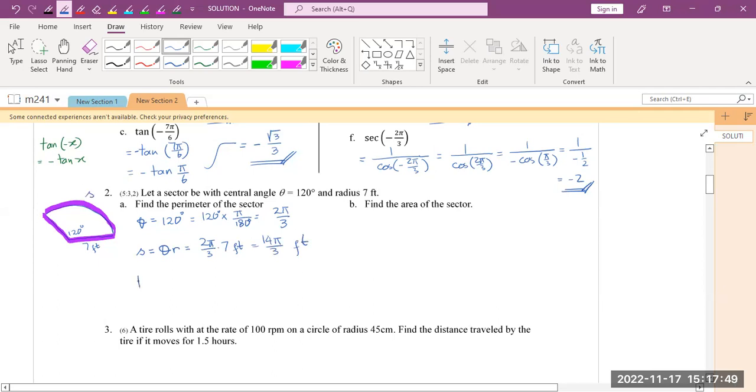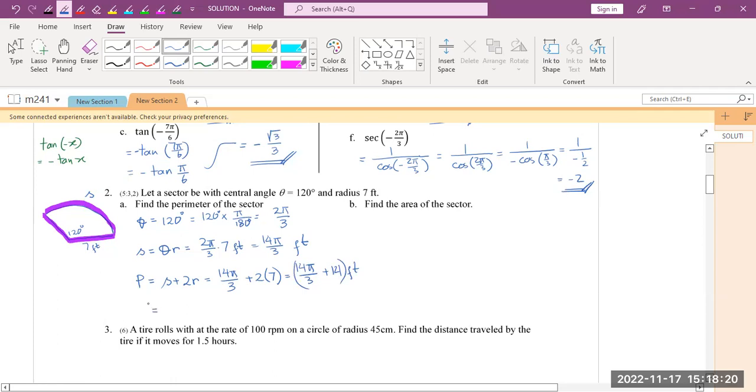Now the perimeter, in this case, is the arc length plus twice the radius. So 14 pi over 3 plus 2 times 7, that's 14 pi over 3 plus 14 feet. You can just leave it like that.